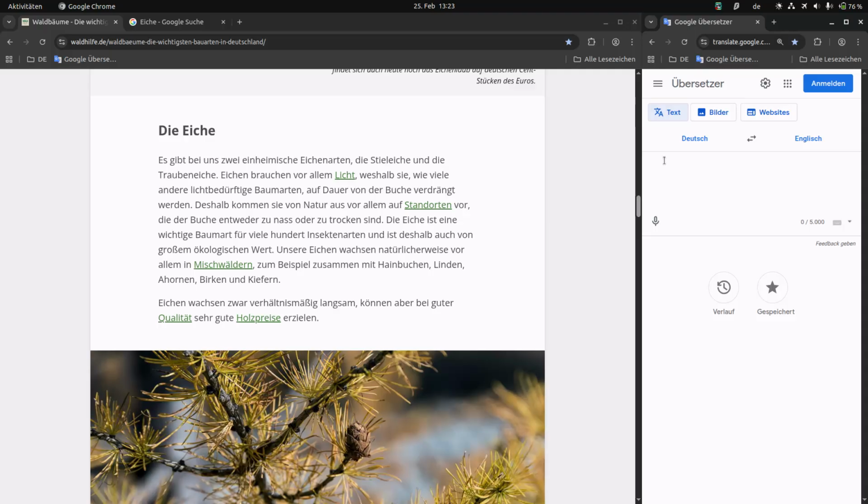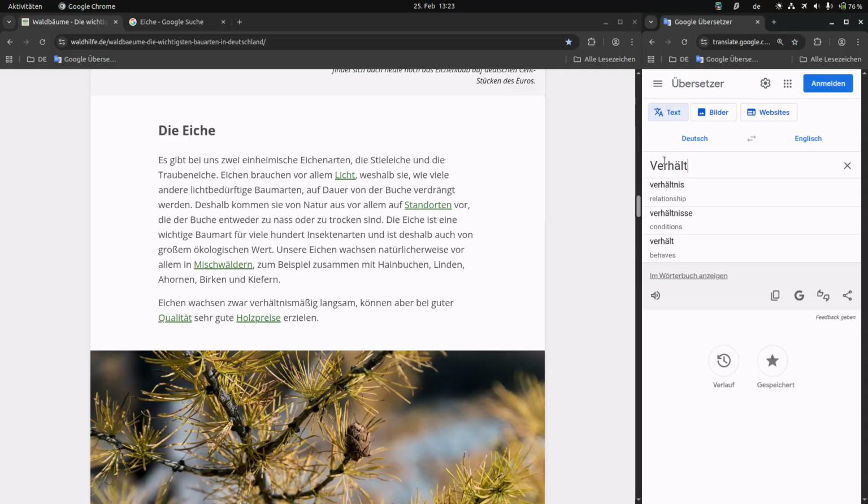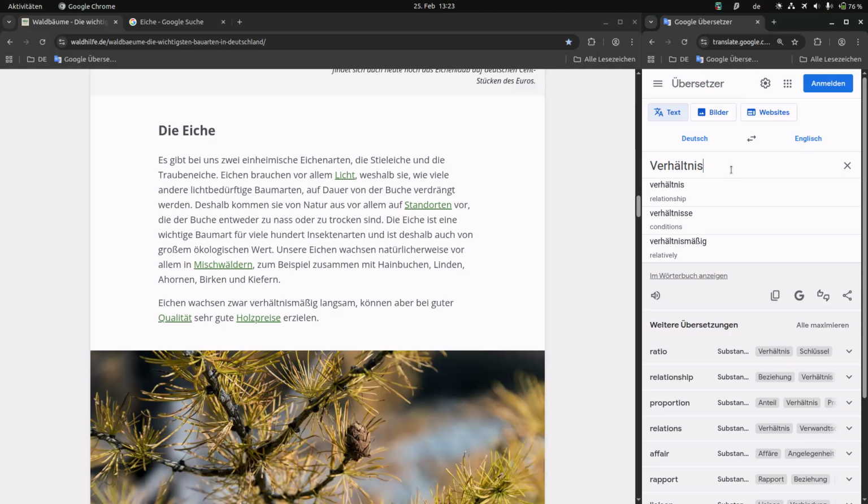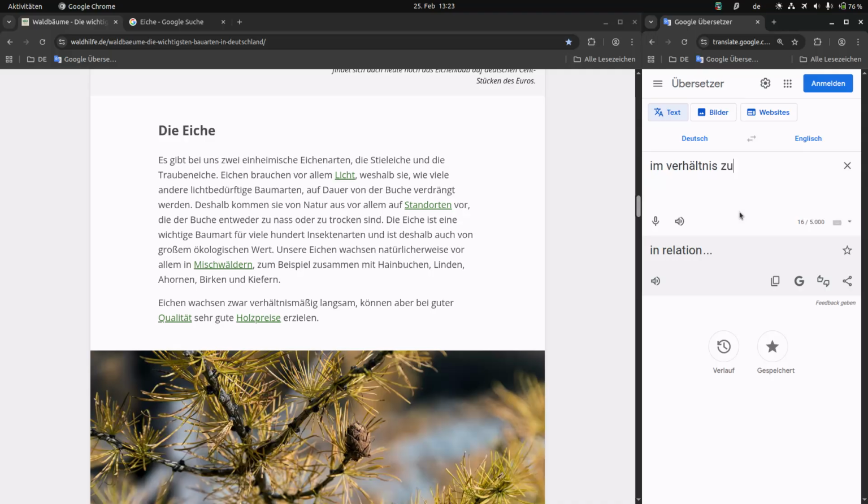Verhältnismäßig, that derives from the word Verhältnis, which means relation or in proportion to something, compared to whatever. Im Verhältnis zu, for example. In relation to, which basically means verhältnismäßig.